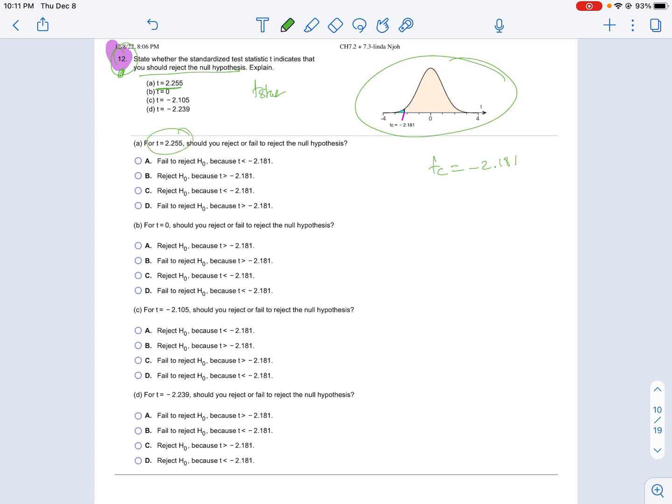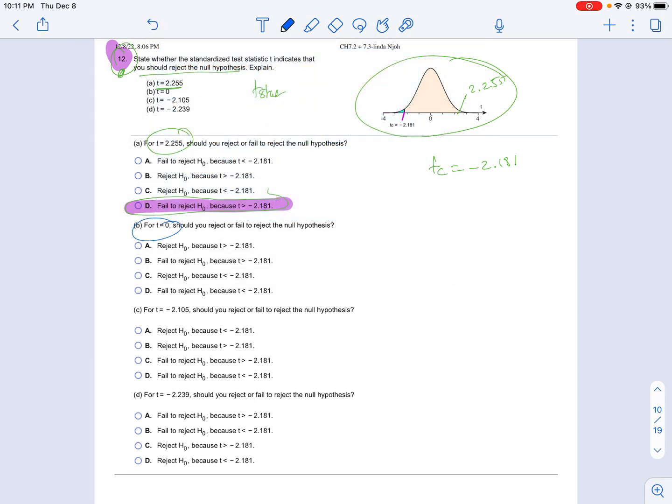So the first one is t is 2.255. So it's not in the rejection region. So we're going to fail to reject because t is greater. Do you all see that? That's how we do it.